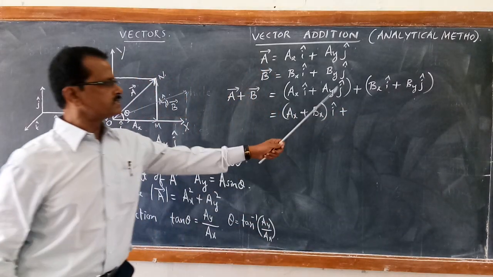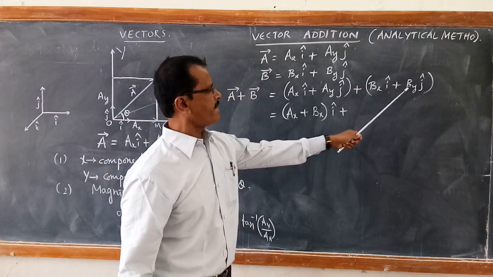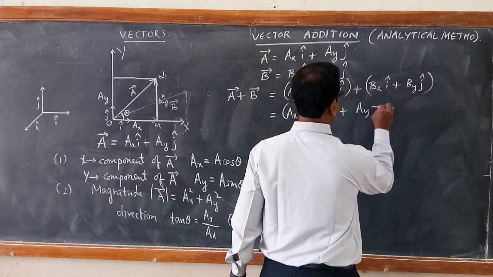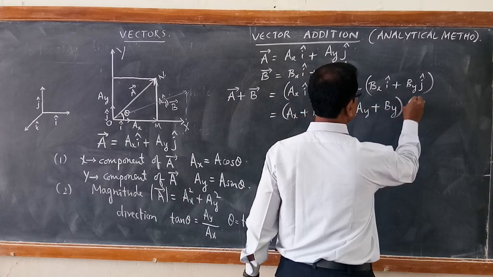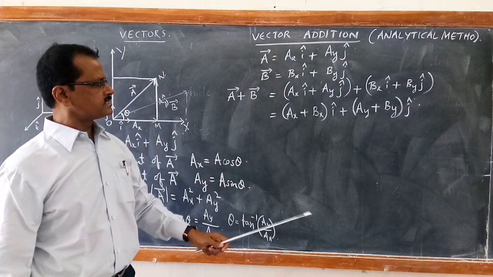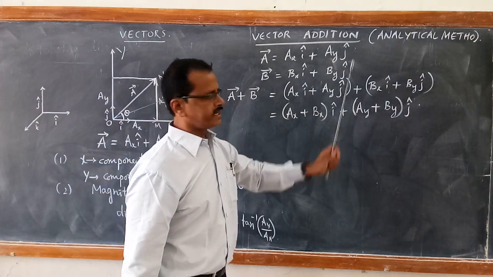In the same way, for the y components, j cap is common: ay plus by, j cap. So ax plus bx i cap, ay plus by j cap.